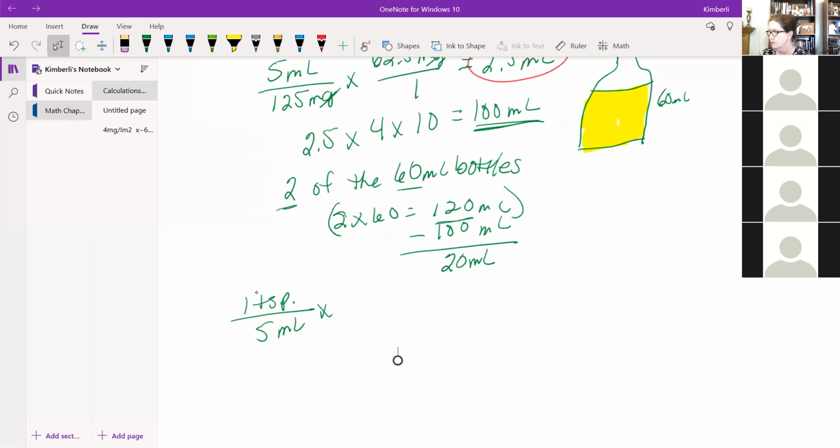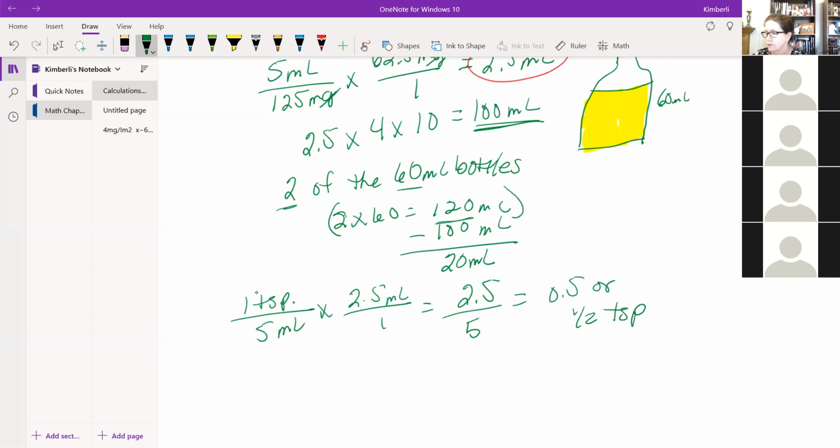All right, Penn, what are you doing? So a half a teaspoon.